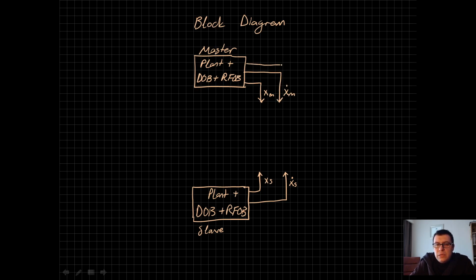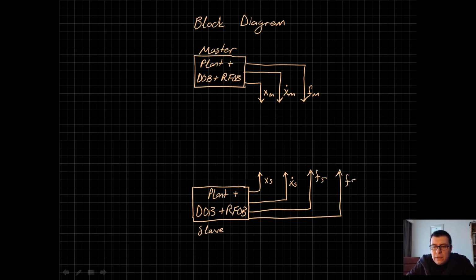We can assume here that the master force comes F master. Similarly, the slave system force comes here F slave, and likewise we can assume that the derivative of the slave system force and the derivative of the master system force can be assumed to be measured from the system.